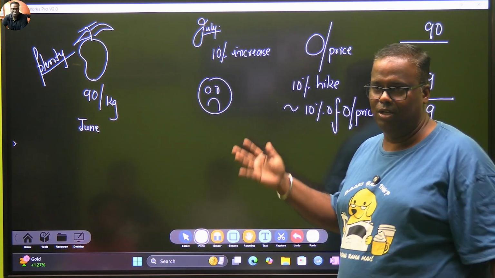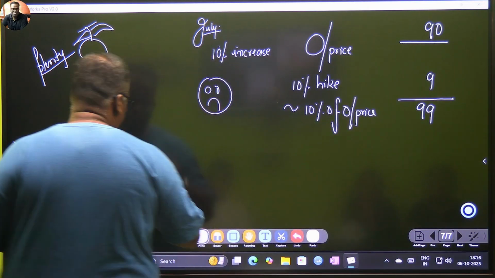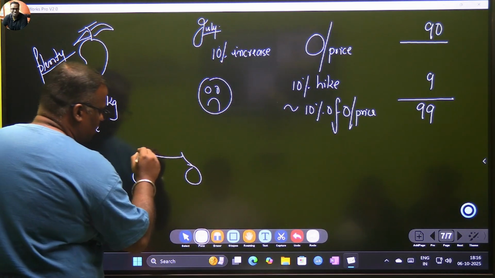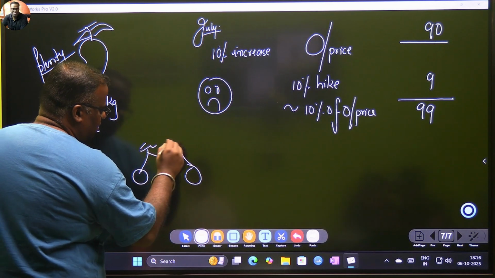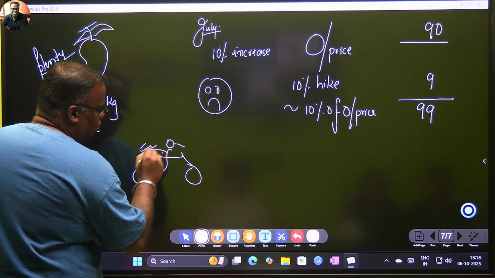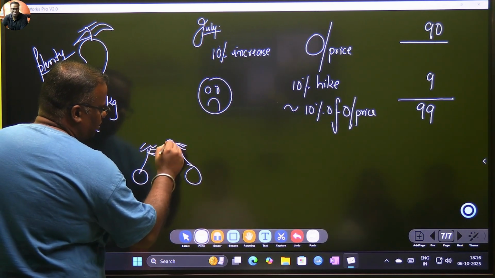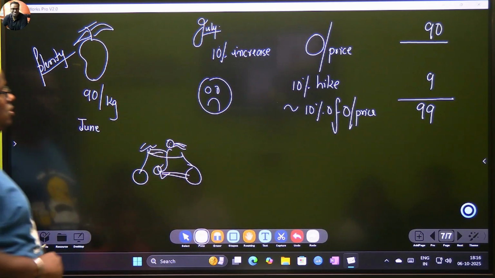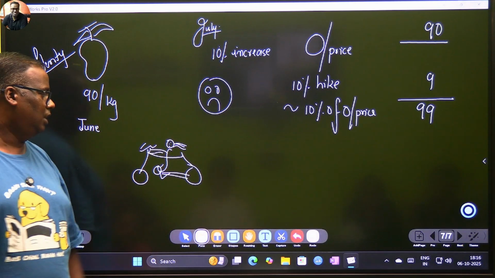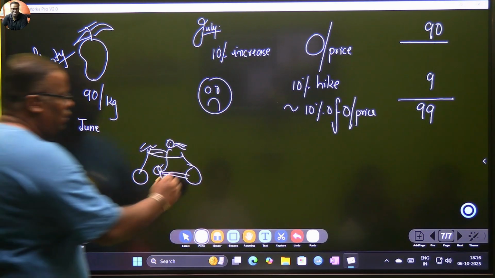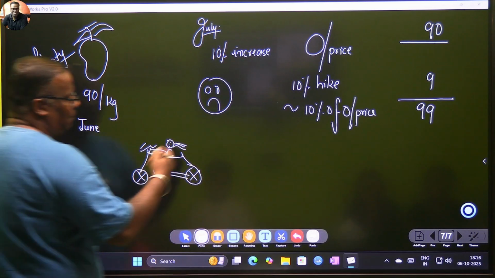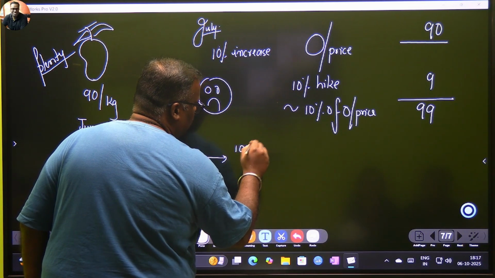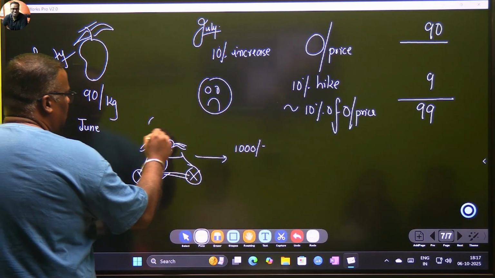When we go into profit and all, say for example, there's a nice cycle. It's written by Ekdam ponytail Banke. So somebody is riding this cycle, and that ponytail is there, and she now wants to sell this cycle. So the cycle was bought at 1,000 rupees, but this girl is very clever.